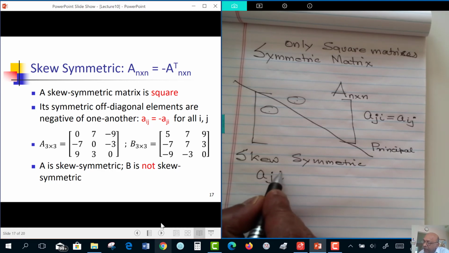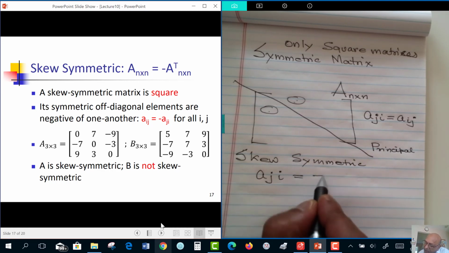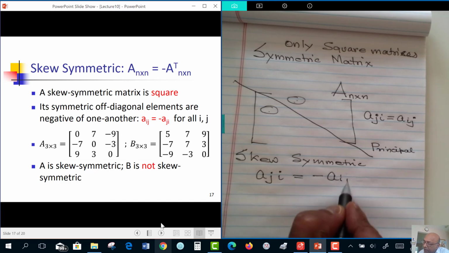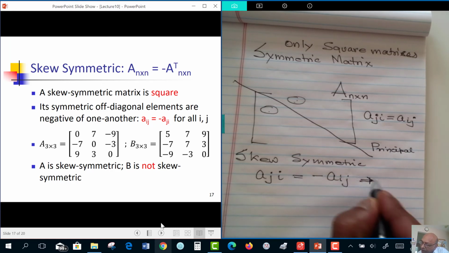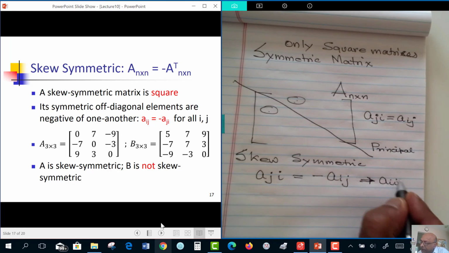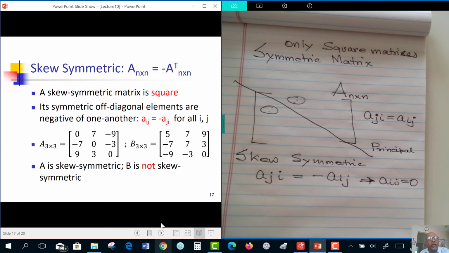So we have A_ji is equal to minus A_ij. As soon as we say that, what happens when j is equal to i? If j is equal to i, the diagonal element would be equal to the negative of itself. So that would imply, therefore, that A_ii must be 0. All the diagonal elements must be 0.